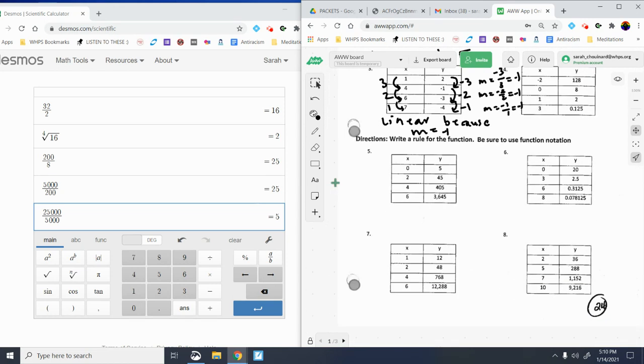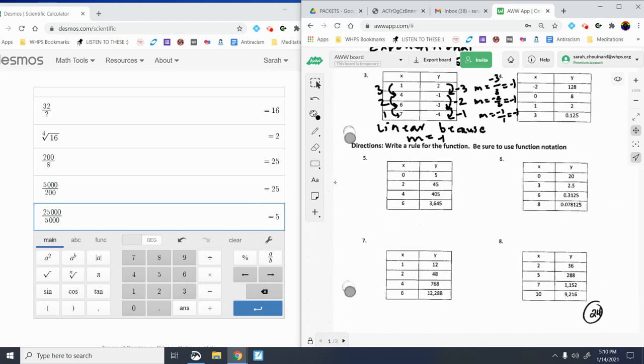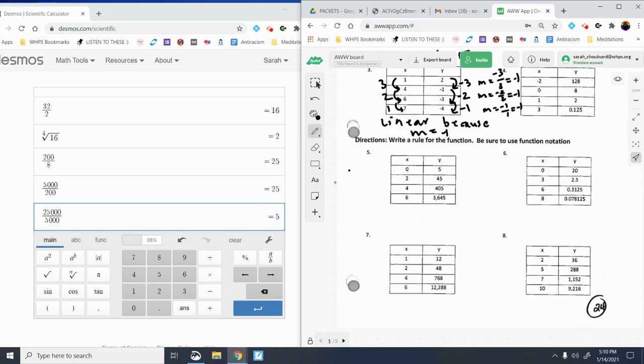All right, so these next ones, I am going to write the exponential function. The parameters for exponential are a and b. A is the initial value, b is the factor, what you're multiplying by. I like this first table because it gave me a. A was 5.